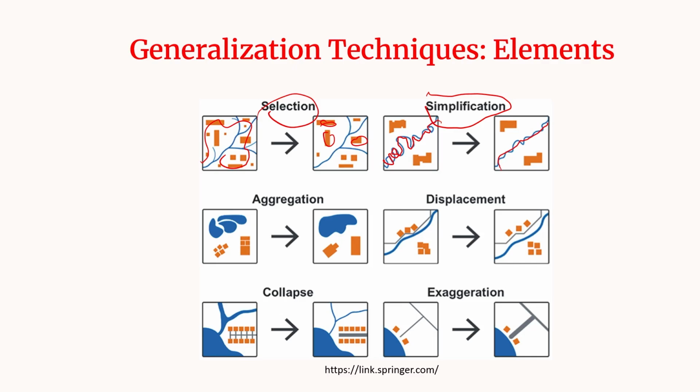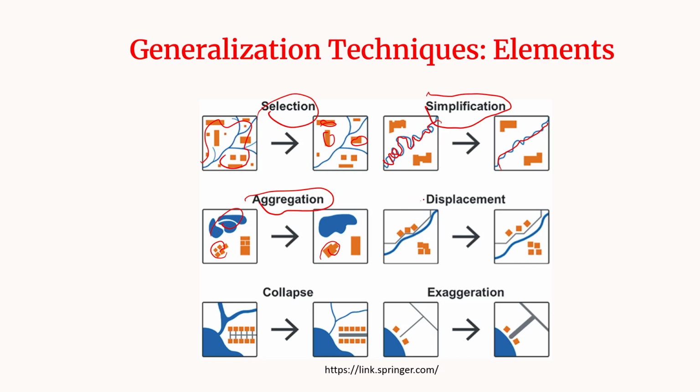The third one is aggregation, and this is a detailed map, and if you see you have 5 points, I try to have only one point. I try to aggregate everything into one entity, so that the user will be able to read perfectly, he will not have any confusion.